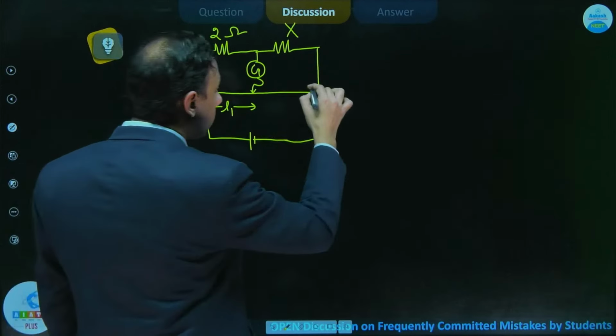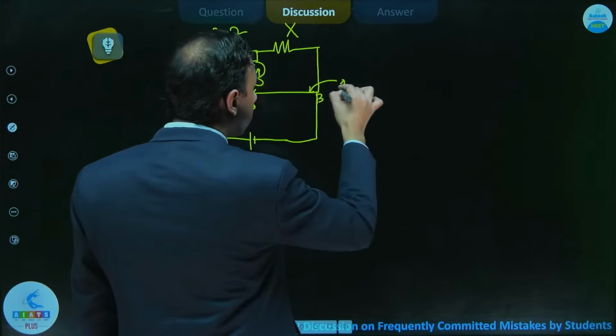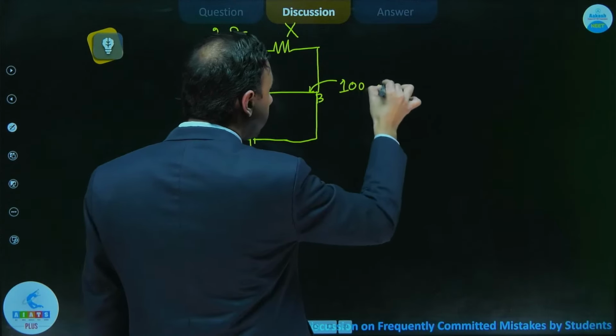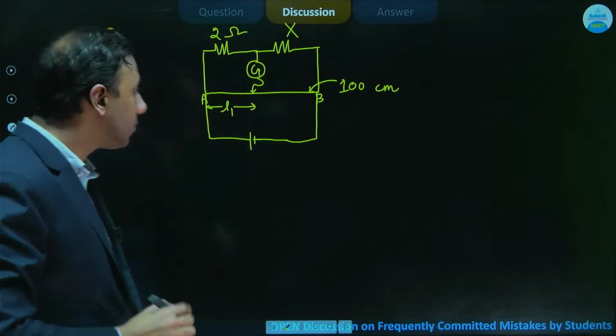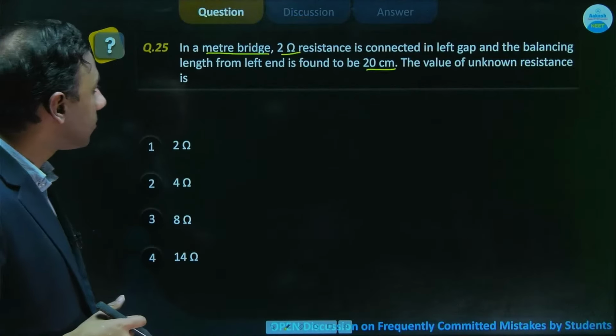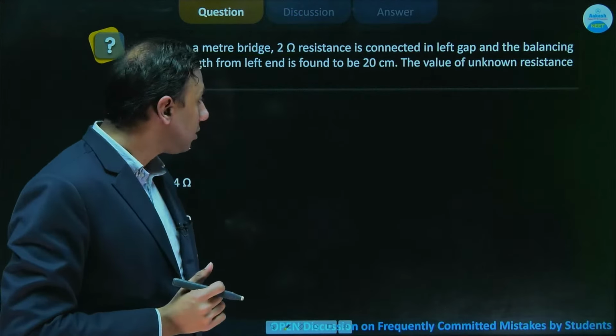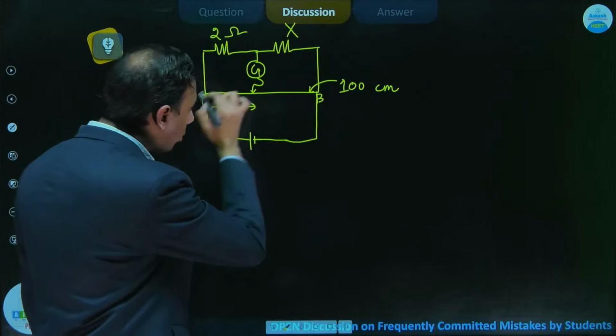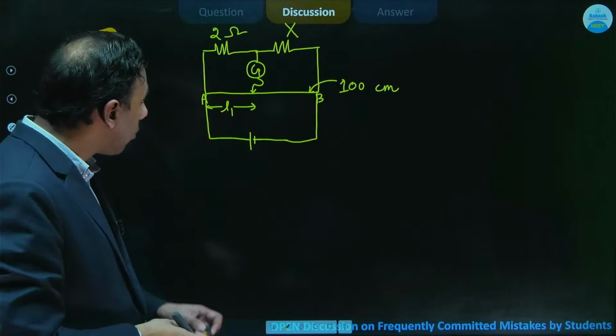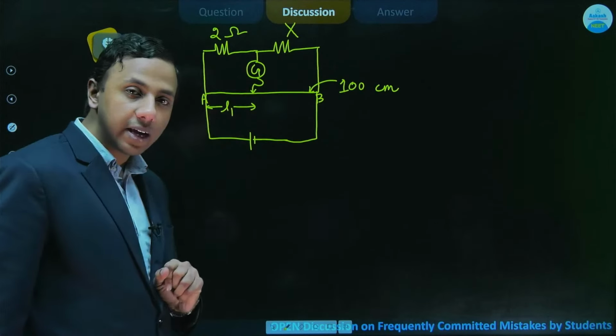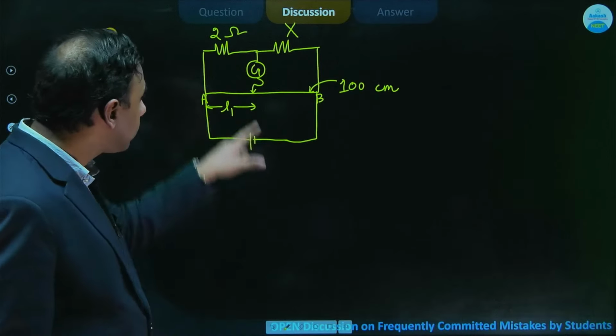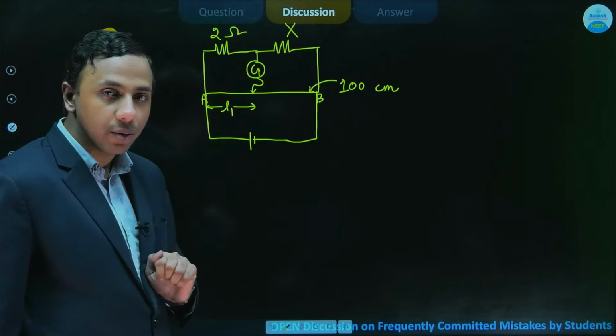Let's say I'm calling it 100 centimeters. Now what about the balance point? The balance point is obtained over here, which means the deflection in the galvanometer is 0, so there is no current passing through the galvanometer.